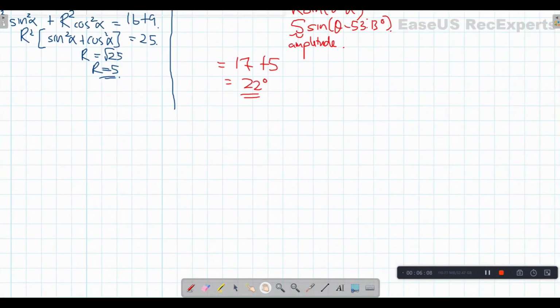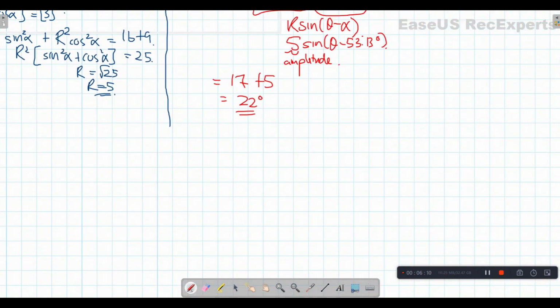Okay, now let's do this. 20 degrees. So we know r is given as r sine theta minus alpha, which is 5 sine theta minus 53.13 degrees. So this can be written as the temperature.